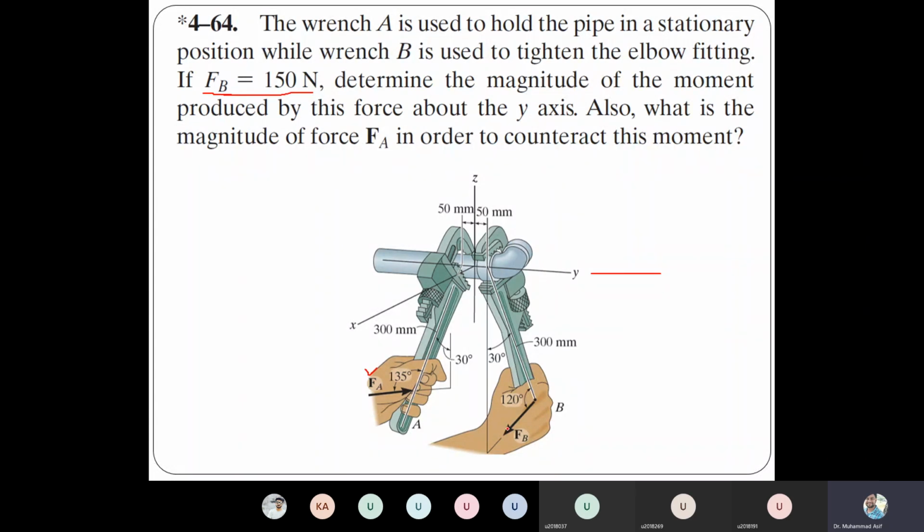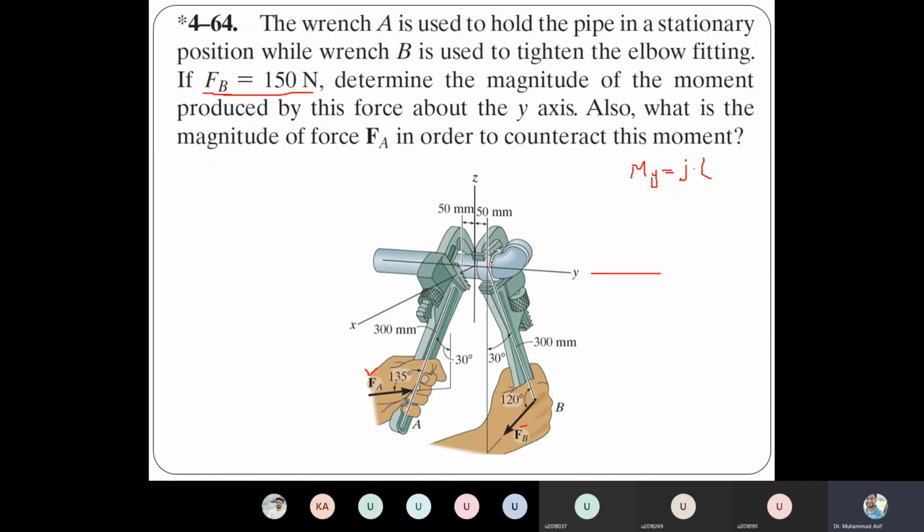But first you need to figure out this moment. To calculate it, first you need to convert this scalar force into a vector, because to calculate the moment about y, we need a unit vector along the y-axis, which is very simple, which is j. So j dot, and any moment arm, let's say from here to here, we need that position vector.